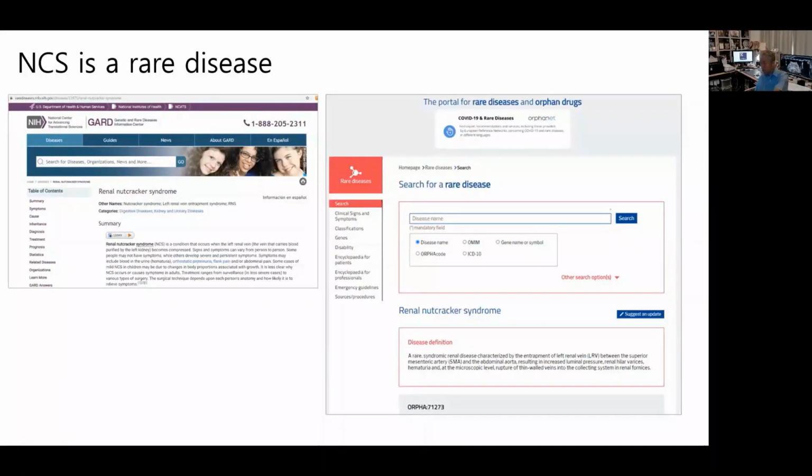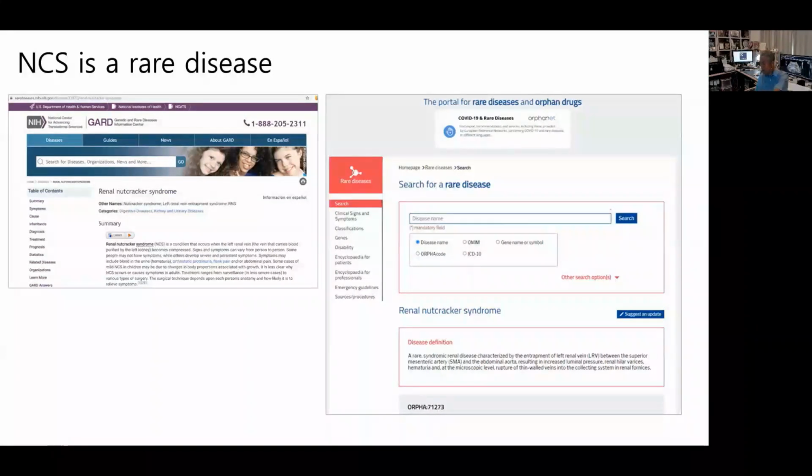Now I would like to talk about the prevalence of Nutcracker phenomenon and Nutcracker syndrome. Nutcracker syndrome is known as a rare disease and is registered as a rare disease in NIH and orphan disease sites of the United States, but there are several articles reporting it is not as rare as it has been known.